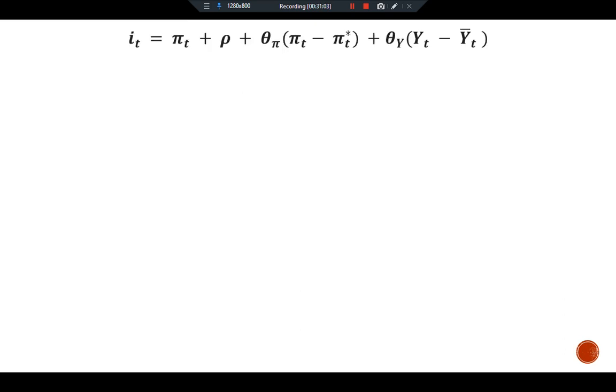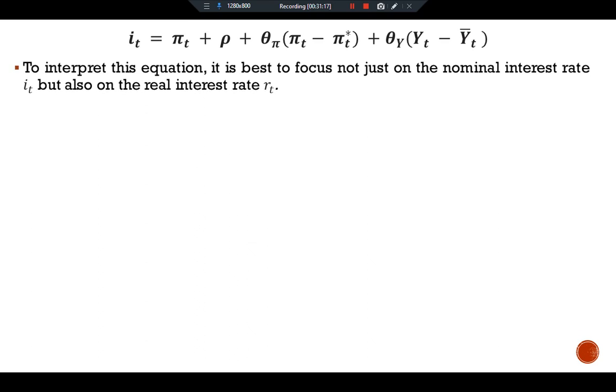Moving towards a further interpretation of this equation, it is best to focus not just on the nominal interest rate i_t, but also on the real interest rate r_t.